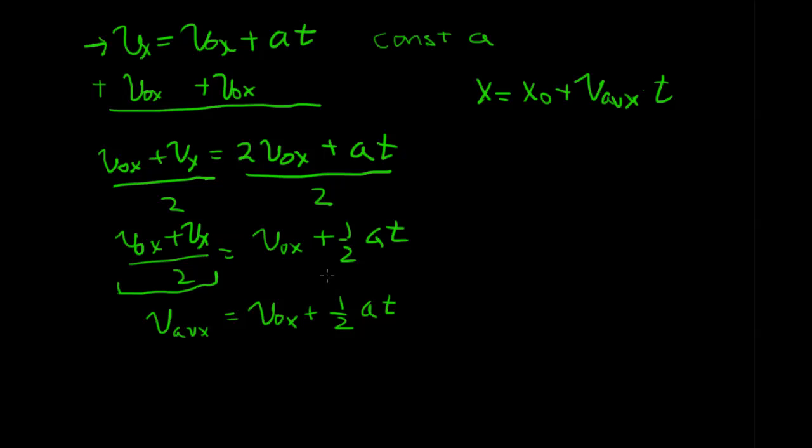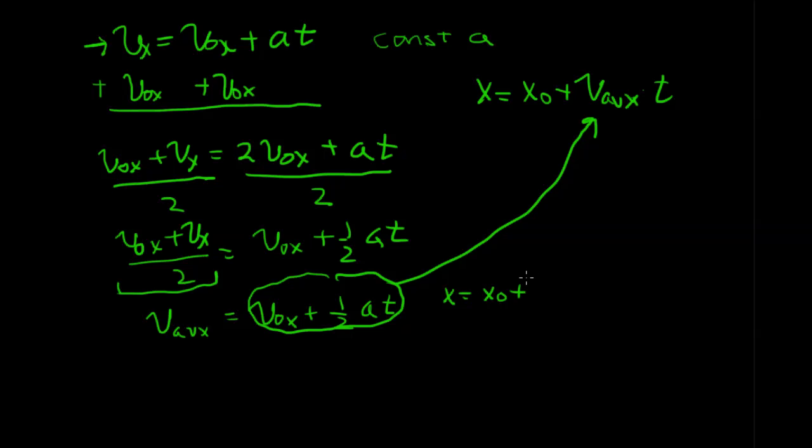And what I'm going to do is put this thing in there for the average velocity. And what I get is x equals x naught plus, and then this thing, v naught x plus 1/2 at times t. And so this leads to the equation down here, x equals x naught plus v naught x times t plus 1/2 a times t squared.